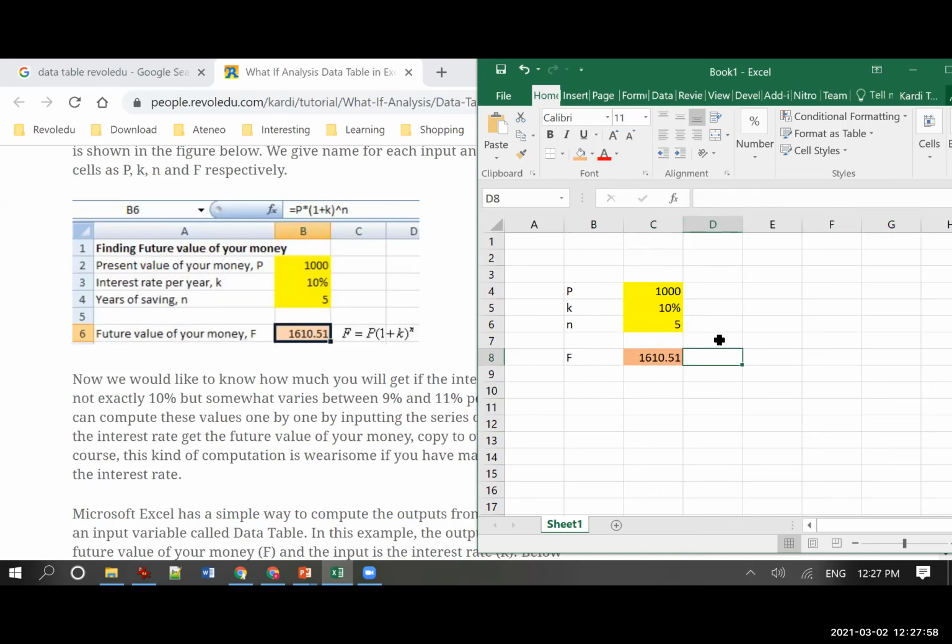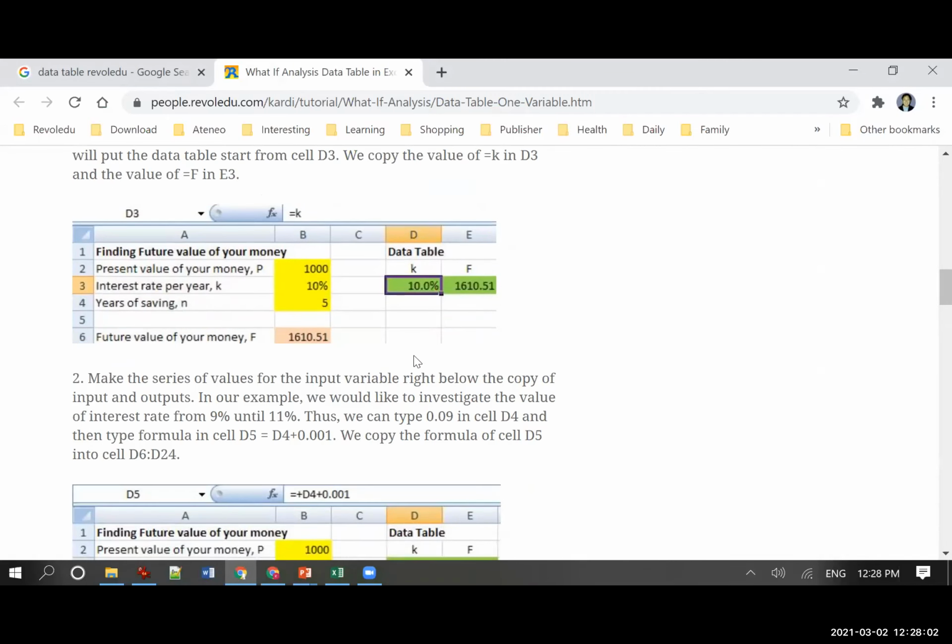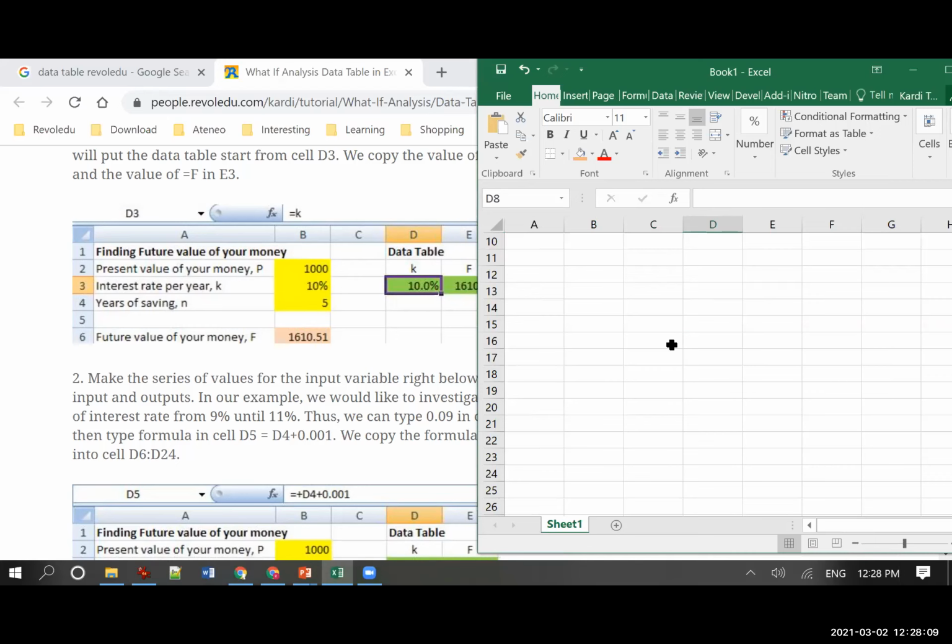So I put any color there. Now I go to the next. So I want to create a data table of one variable. So in here, I have K, that I will put K, and this is F. Okay.